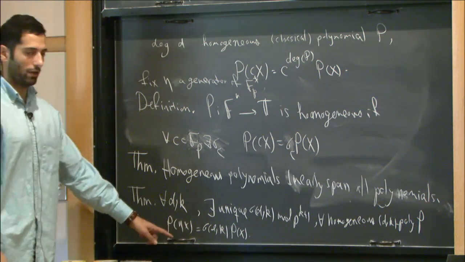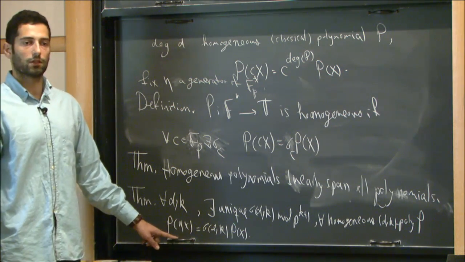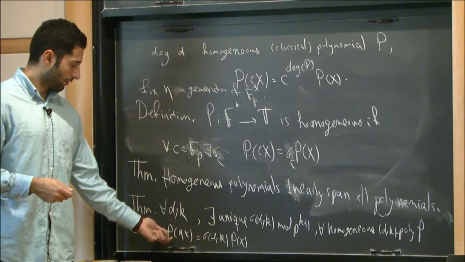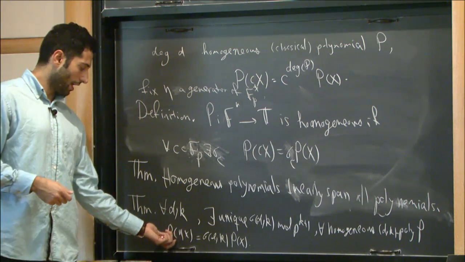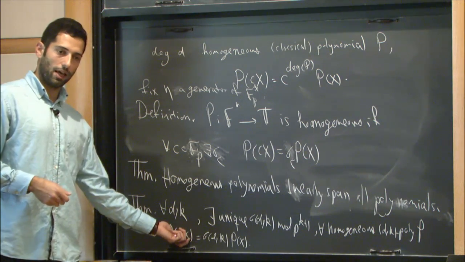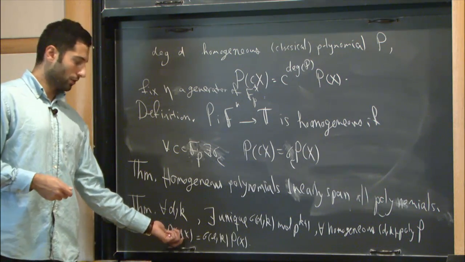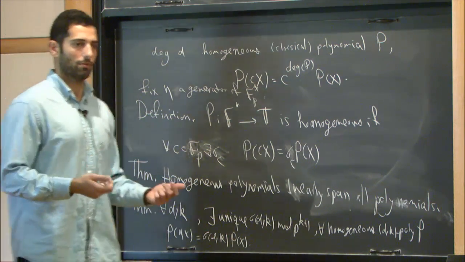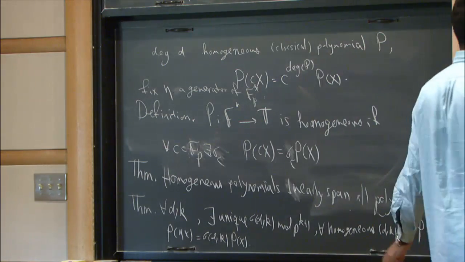So this is very important, and we will make use of this repeatedly. It says that whenever I have P of some constant times x, the only thing I need to rewrite it in this form is the degree and the depth. It doesn't depend on the structure of the polynomial itself.